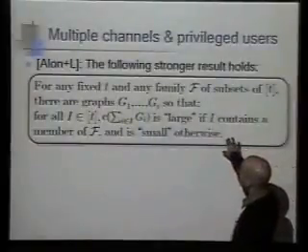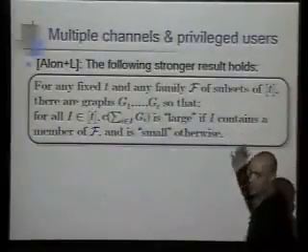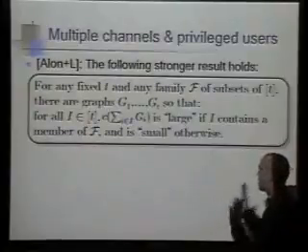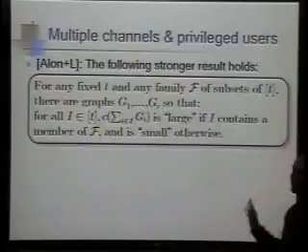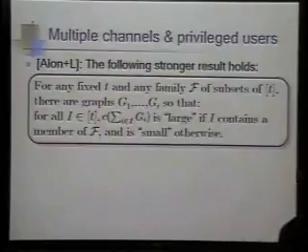Good. So in this result, we show a stronger result holds, and it's as follows. I'll let you just look at it for a second. Suppose instead of two guys, you have now t guys.